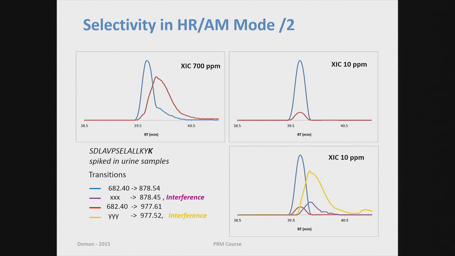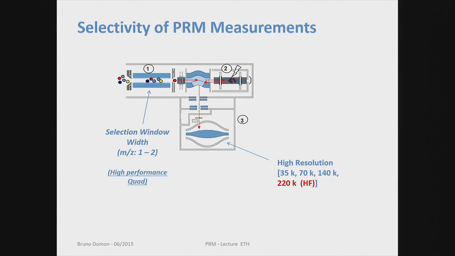Right. So that really indicates you not only have a tool which is more selective, but you can actually use it to go back in your data, if you have interferences, and try to understand what is behind your data. And in terms of getting selectivity, and this is my last slide on this topic, we can actually do two things. Either use a higher selectivity on the Orbitrap.